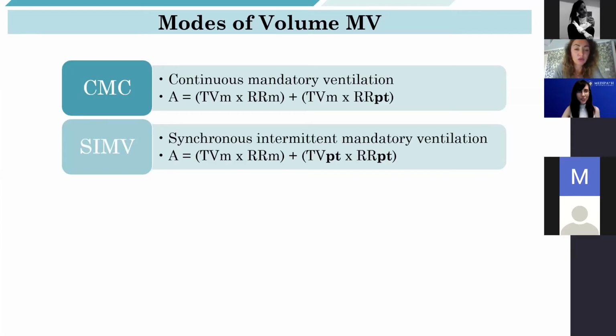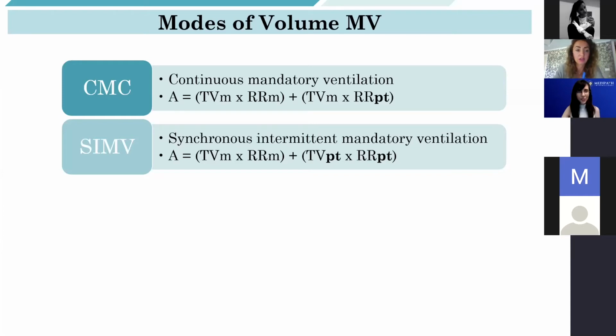But in this, we should always add the respiratory rate of the patient. And always when the patient is taking a breath on his own, the machine will trigger the tidal volume that we set. On the other hand, in the synchronized intermittent mechanical ventilation mode, as you can see, there is a little difference in the equation.